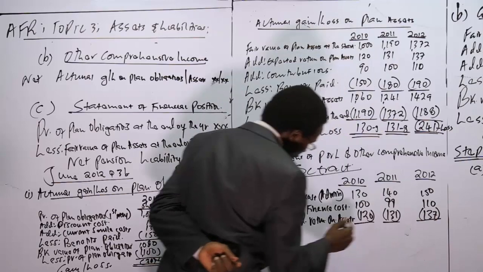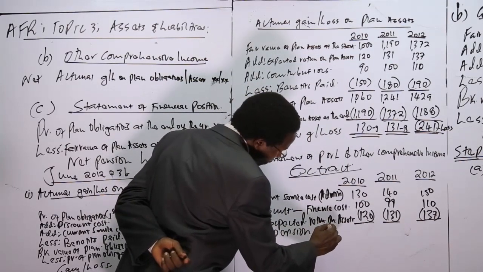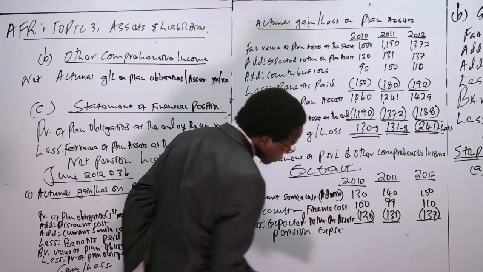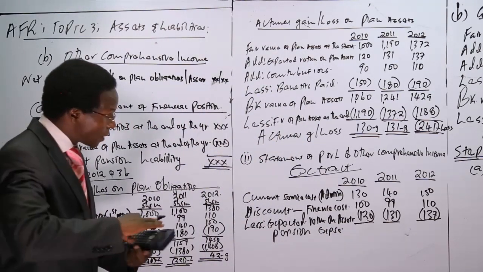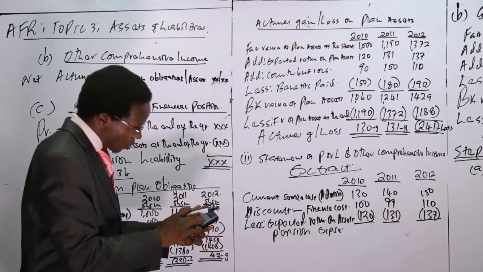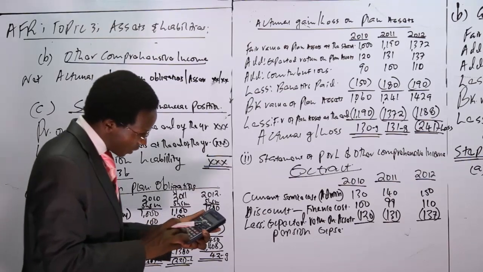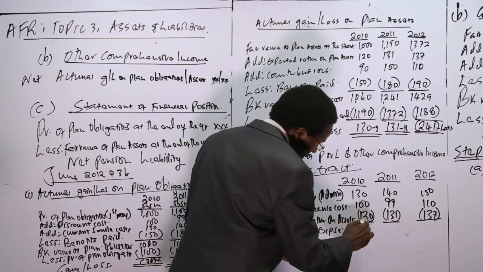We get the pension expense. What will be our pension expense? It is just 230 minus 120, that comes to 110.